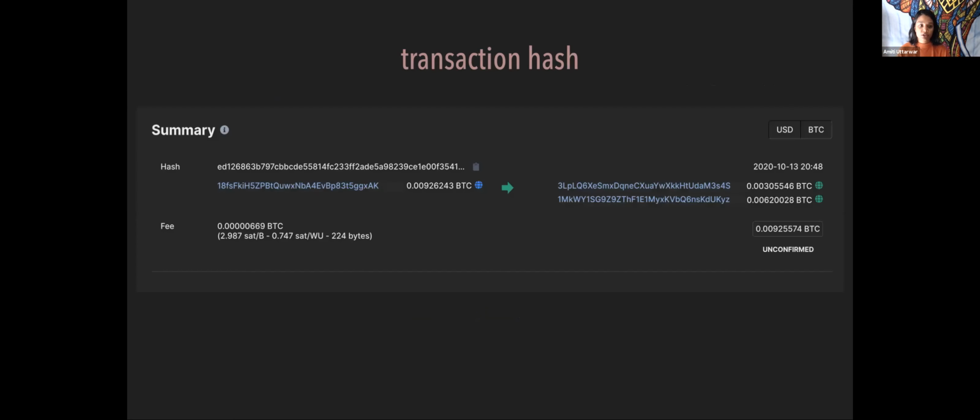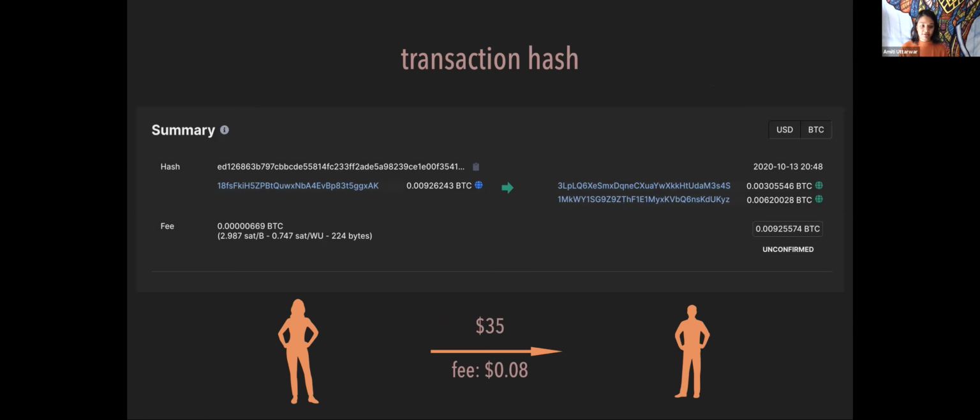So one example of where this is very commonly used in Bitcoin is for the transaction hashes. If you go to a Bitcoin block explorer, well, I went to a Bitcoin block explorer and I just did a screen grab that pulled one transaction.